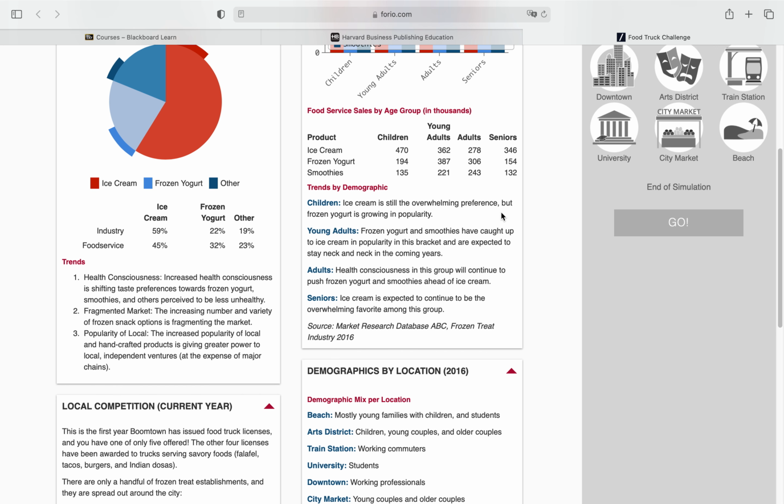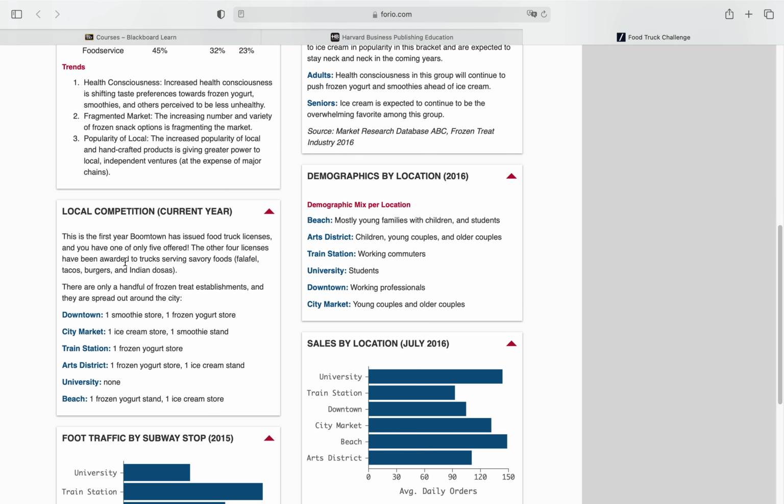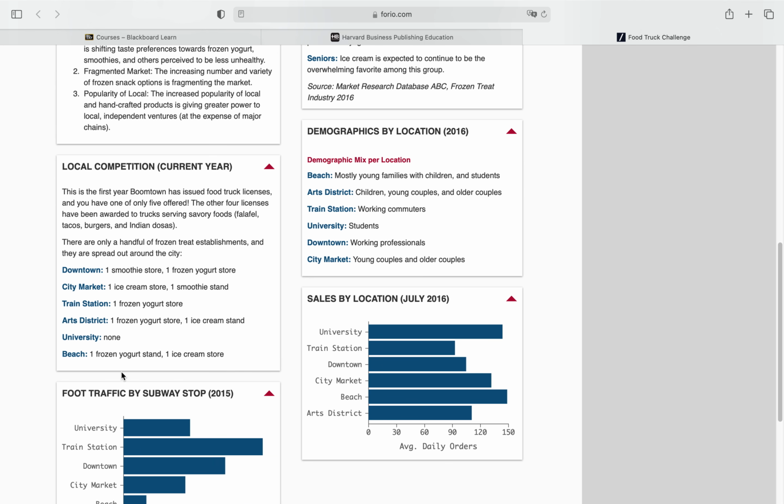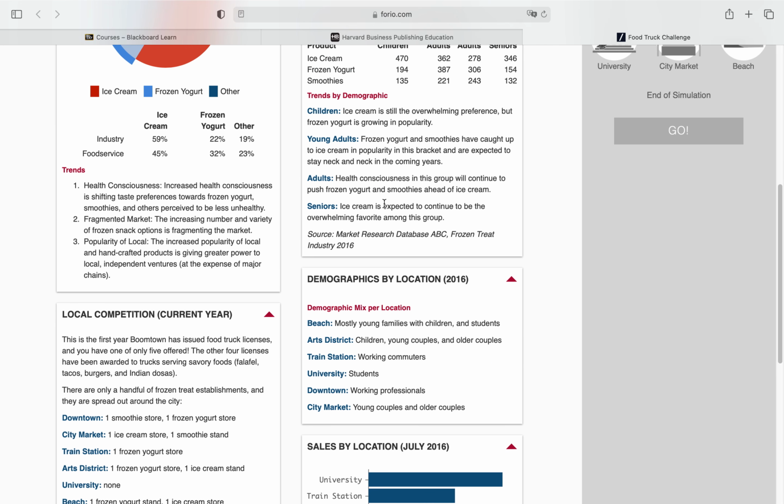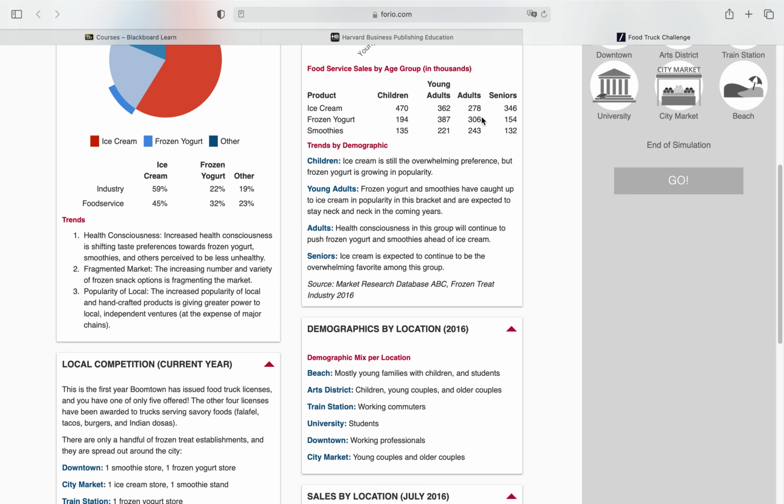So this information you also want to consider when deciding, based on each location, what type of product they offer, whether it's ice cream, smoothie, or frozen yogurt, and also what customers prefer, and what type of item to sell on your food truck operation.